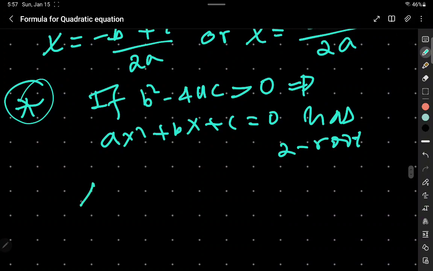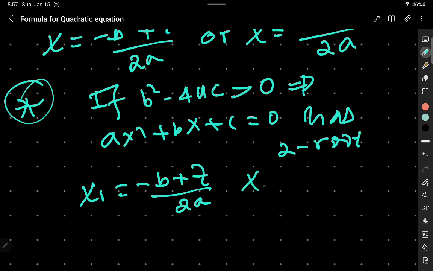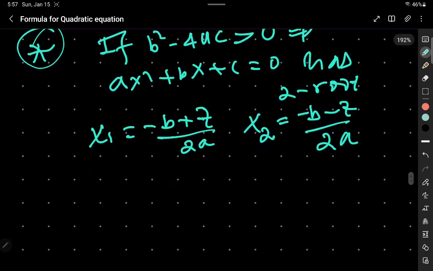One of the roots, you can call it x1, is equal to minus b plus z over 2a, where z is the square root of b squared minus 4ac. And the other value of x, the second root, is equal to minus b minus z over 2 times a.